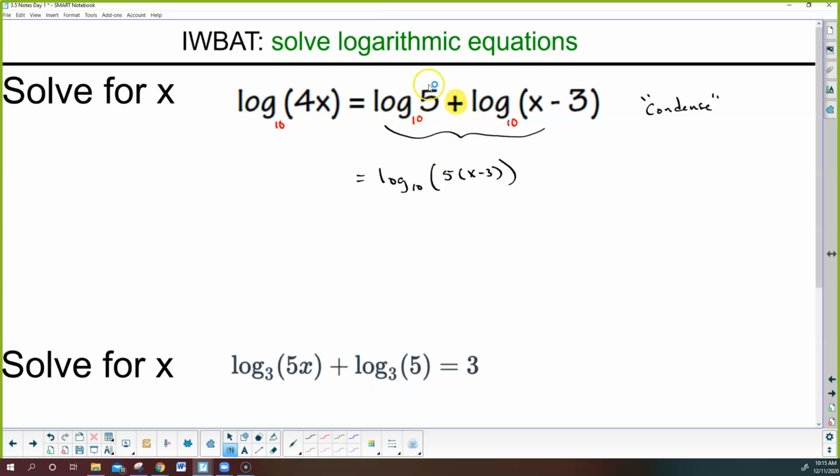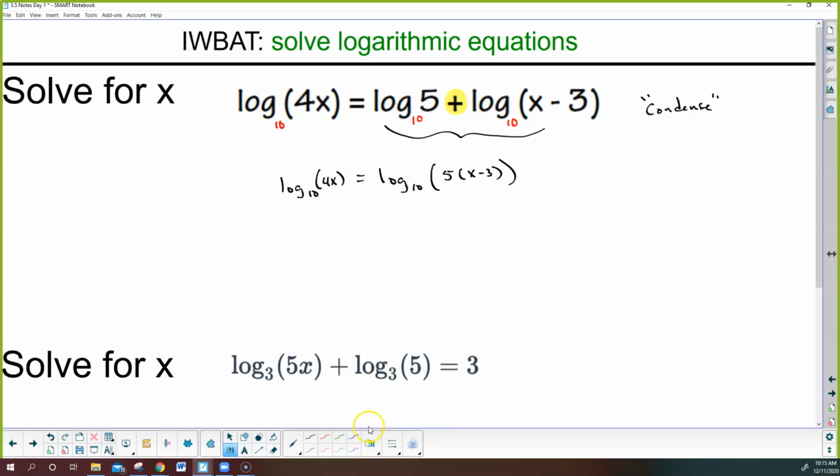Hopefully you're comfortable with this. The log of the first times the second is just 5x to the third. And then I've got log base 10 of 4x. Now, we could make this a lot longer and try to move this one over here with subtraction and then end up dividing, and it'd be equal to 0.